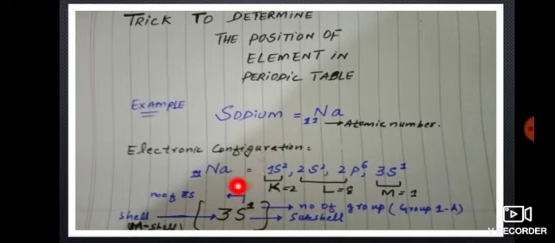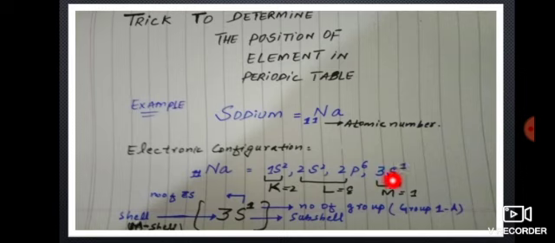If you look at the last shell, 3s1, this 3 shows the shell number or period number, while the 1 shows the number of electrons or the group number, and s shows the subshell or the block.